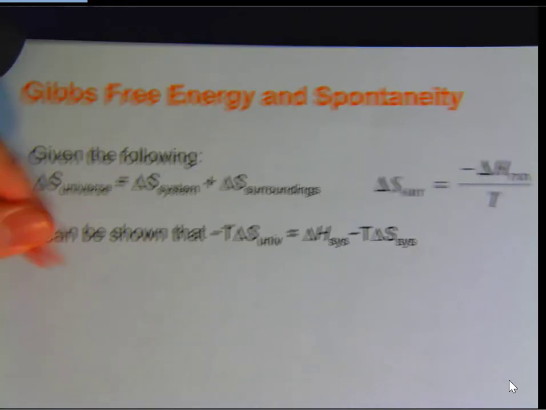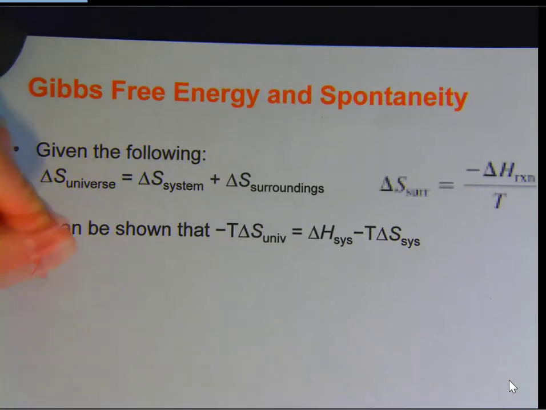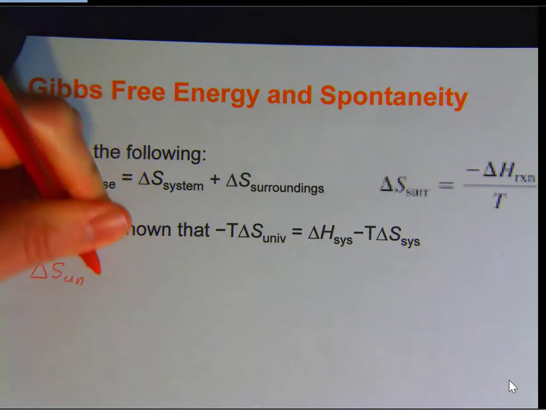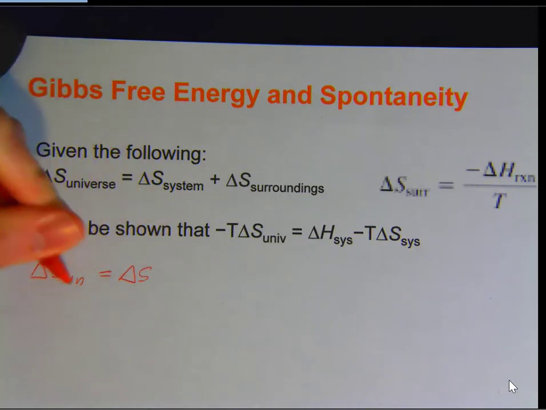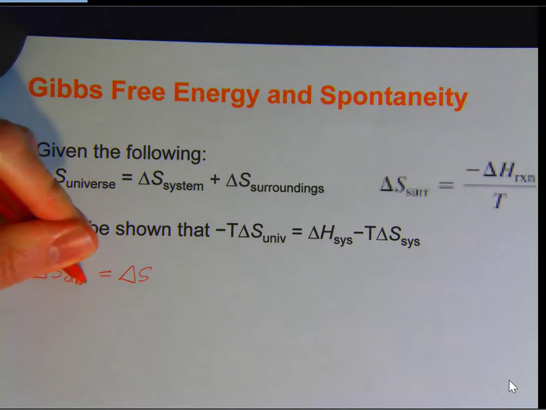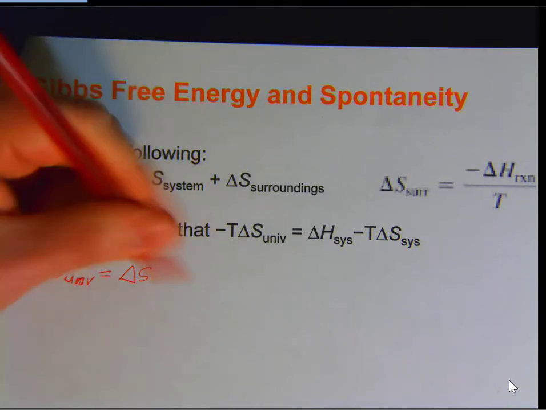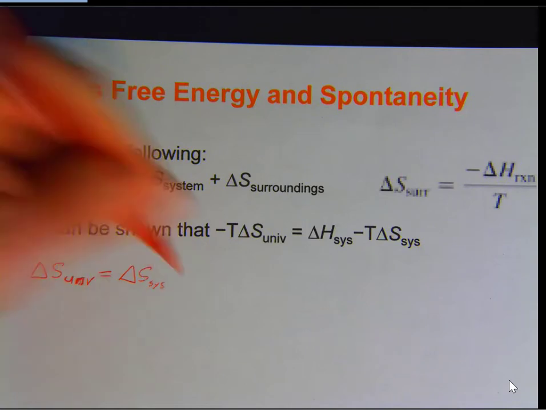So first thing we'll do, we'll start with the given equation. I'll say UNV for universe, and then SYS for system.